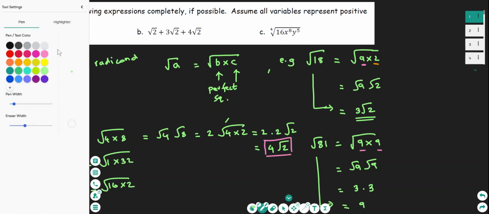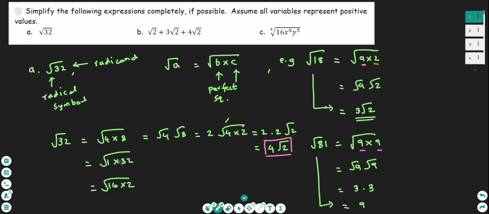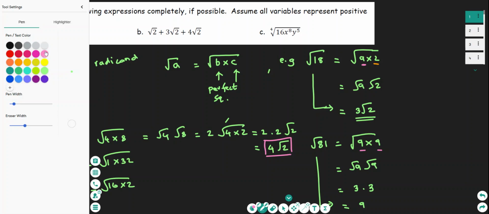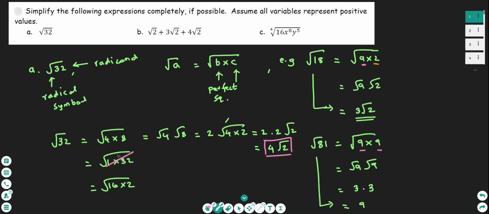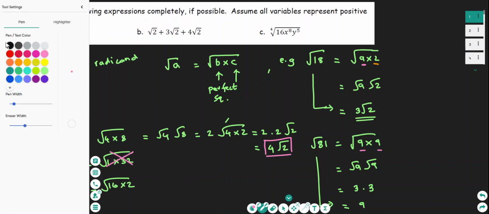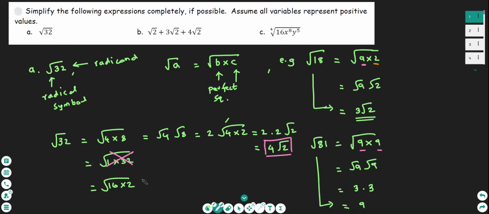Now let's see the other forms. The square root of 1 times 32 is not different from square root of 32, so we can simply cancel this. We will not follow this, which means we can look at the other one.